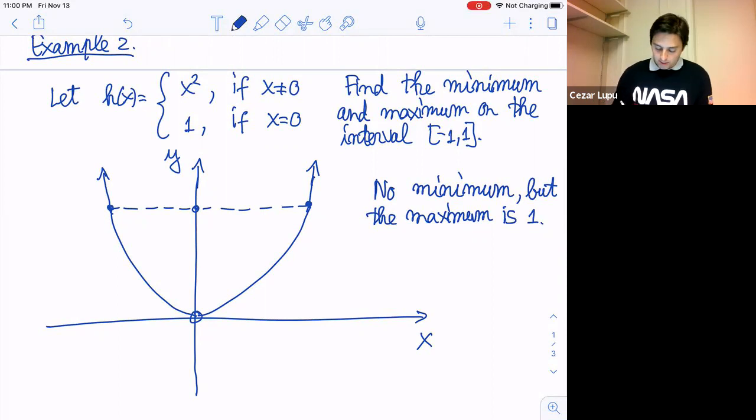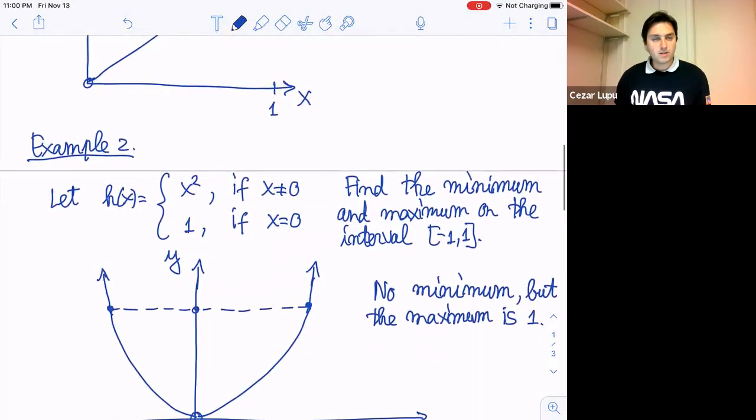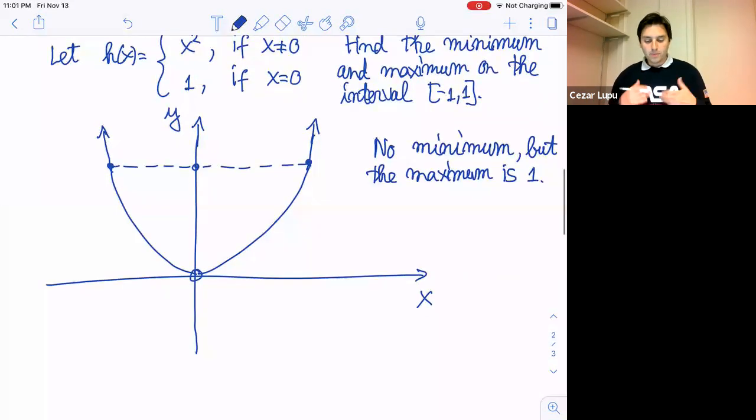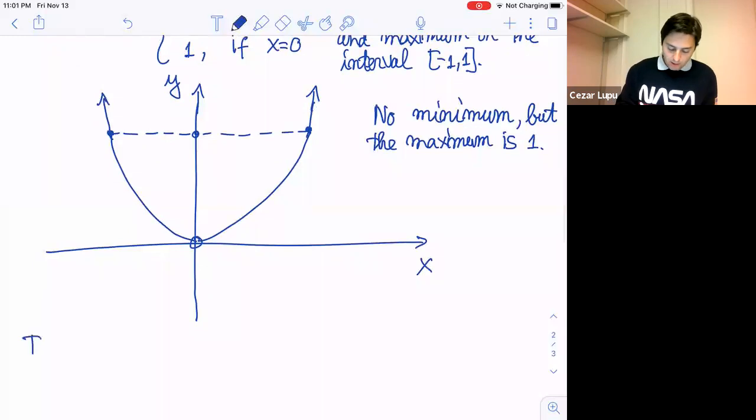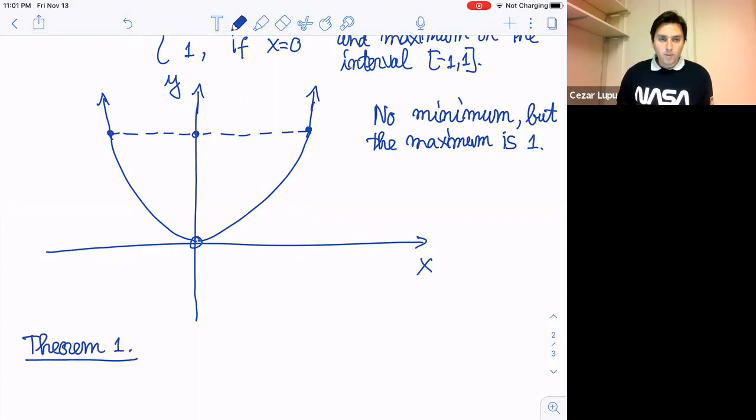Well, now, as you have seen these two examples, I want to put some theory. I want you to see exactly what this is, where this comes from. The first theorem that I would like to cover is the following. Theorem 1, which we will call the extreme value theorem.